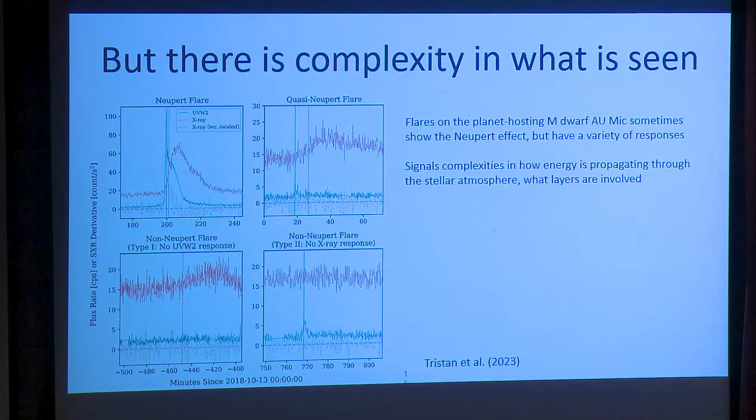This is one example from a recent paper on the planet hosting M-dwarf AU Mic, where we see this Neupert effect type flares, but then there are things that Isaiah Tristan called quasi-Neupert flares, where there's a UV flare and an X-ray flare, but it's not really what you would expect for a Neupert. And then there are situations where you see one response and not the other. And so trying to understand what gives rise to those observational signatures is an important next step.